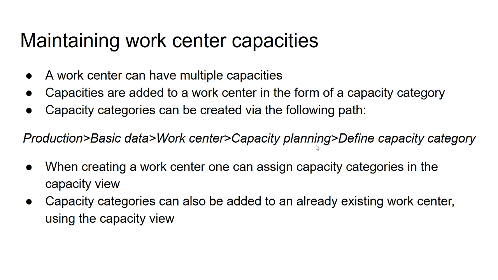If you want to create them, you can follow the path that I listed here. You assign capacity categories to the capacity view when creating a work center. If you want to add a capacity category to a work center that you already created, this is also done in the capacity view.